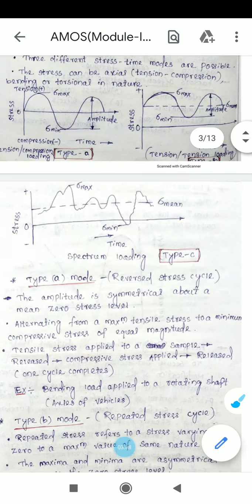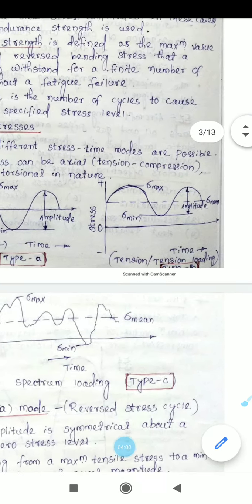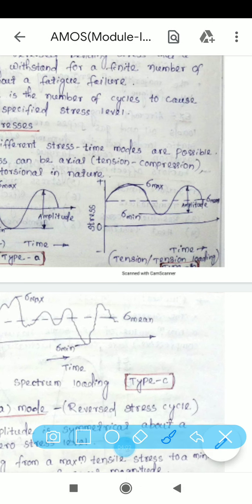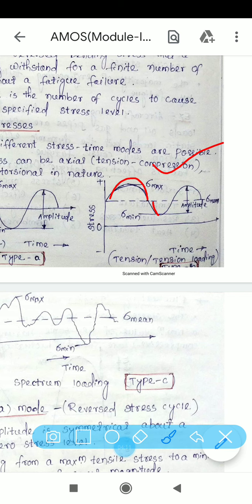See in this figure, this is your repeated stress cycle. This point is your maximum and this one is your minimum, and the total variation is the amplitude, and the dotted line is your mean.